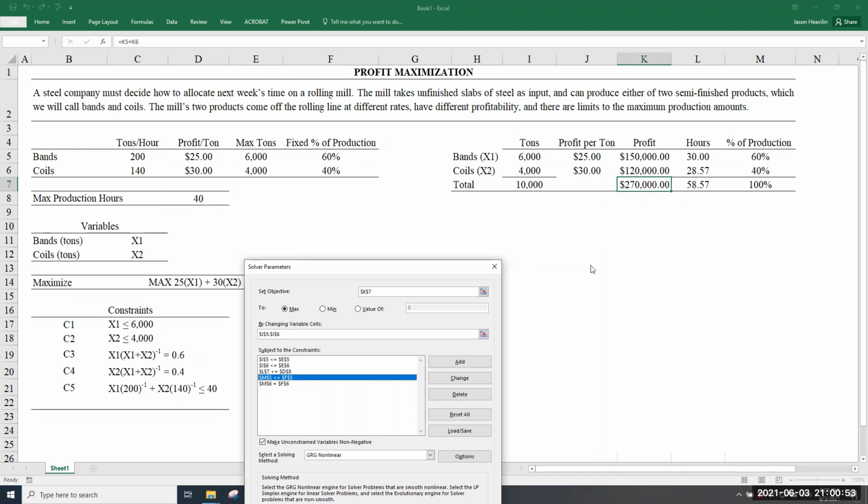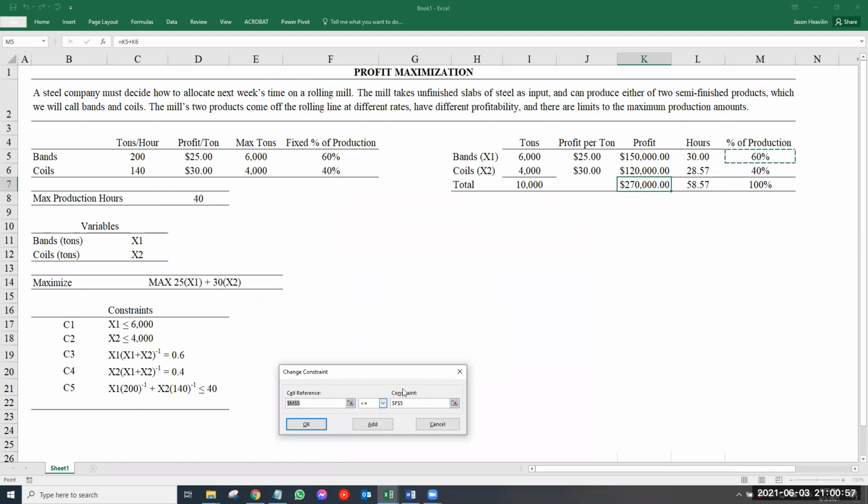And that one, we're going to go ahead and change it. All we're going to do is say that M5 has to be equal, not less or equal, to F5, which is the 60% here. Okay. So this number here, M5, go ahead and do it again.